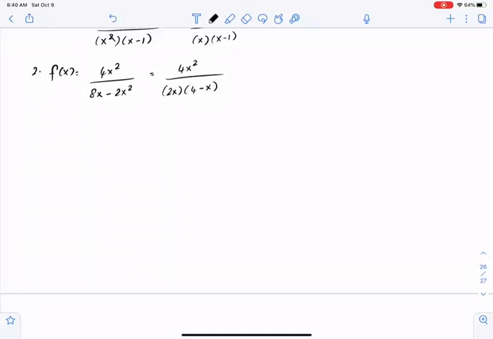Now you can see that there is a 2 that can be cancelled out. There is an x that can be cancelled out. So we would end up having 2x divided by 4 minus x.